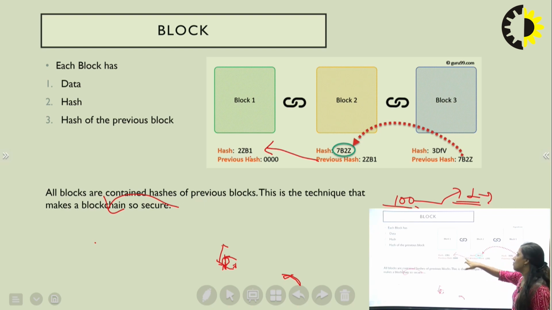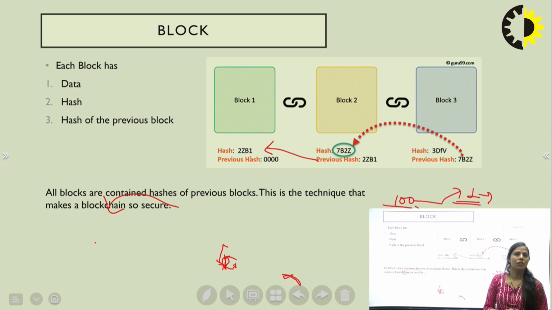So now, for example, we generate a different hash value over here and we also store the previous hash. For example, here we have stored these values. So all the blocks contain their own hash and the previous block's hash value. This makes the blockchain secure.